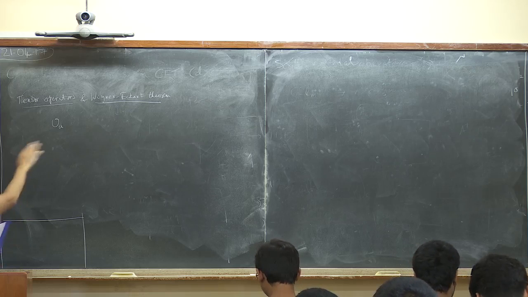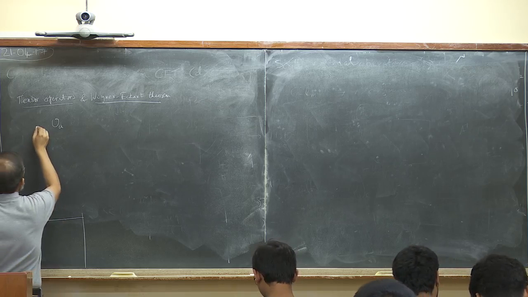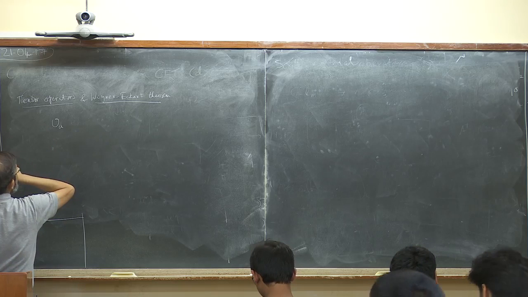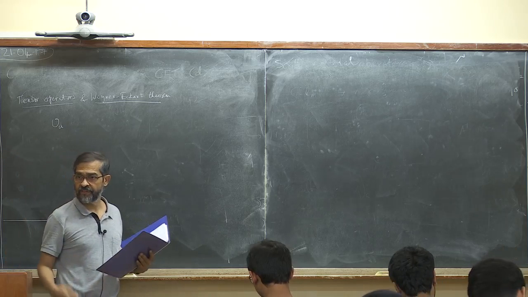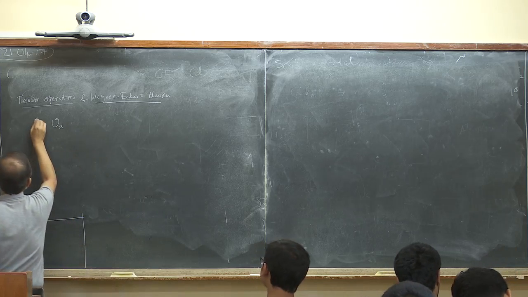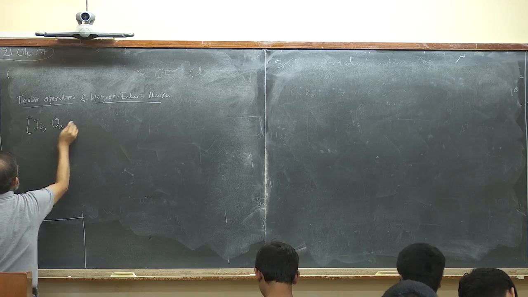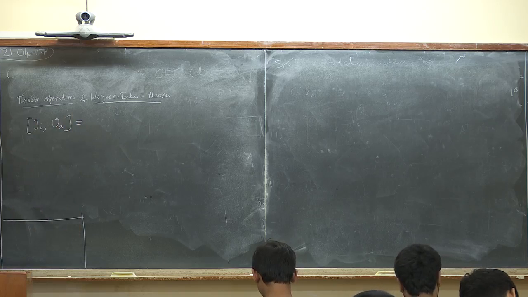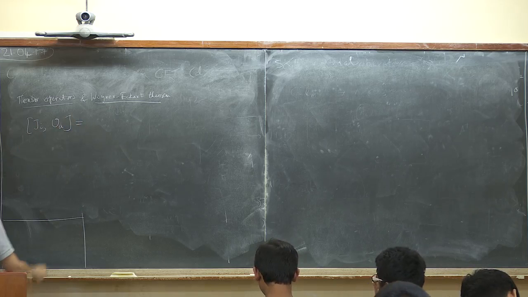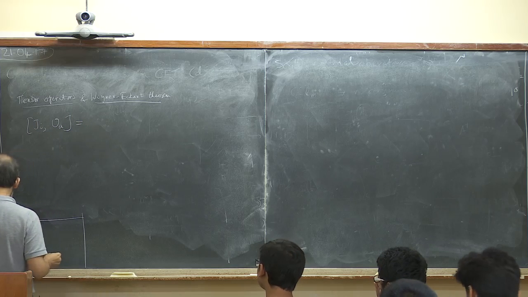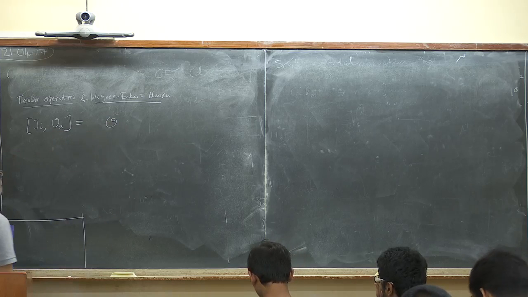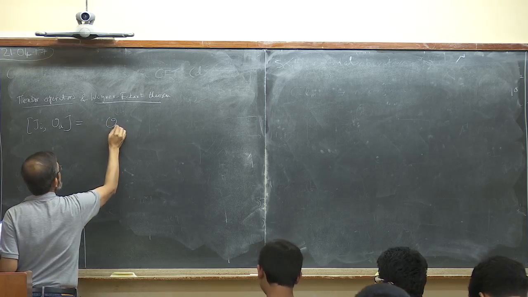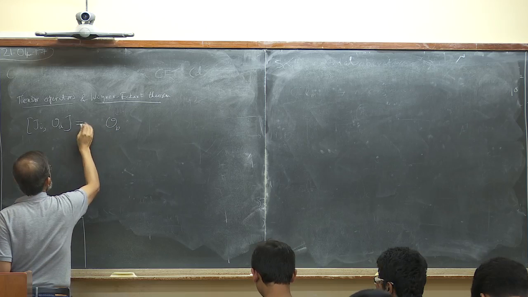So let us say that I have an operator in some Hilbert space, which has the following property: when I commute it with the angular momentum operators, this gives me a linear combination of these operators themselves.